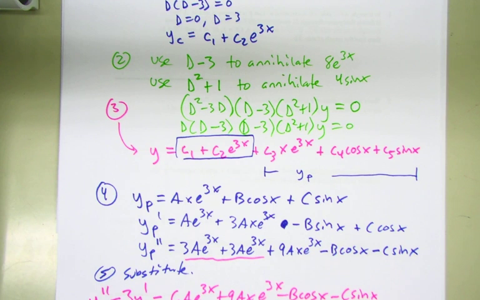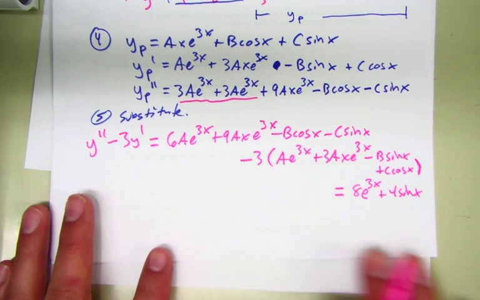Minus, I'm going to just go underneath here, 3 times y prime, so that'll be a e to the 3x plus 3ax e to the 3x minus b sine x plus c cosine x. And then all of that has to equal 8e to the 3x plus 4 sine x.